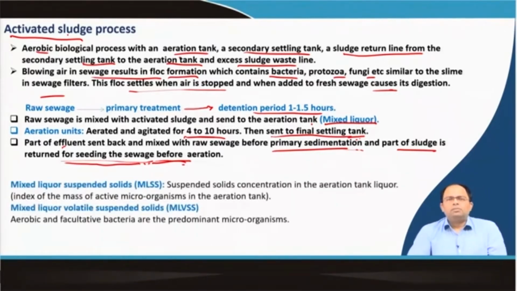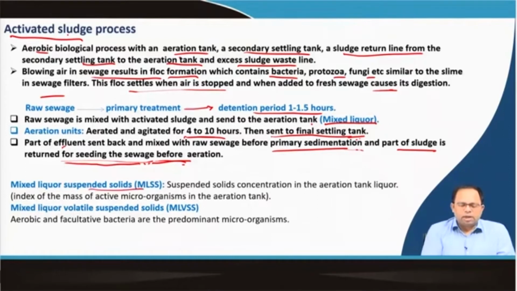So, two terms: one is mixed liquor suspended solids. As we say, this mixing of sludge with the raw sewage is known as mixed liquor, and the suspended solid concentration in the aeration tank liquor is what it refers to. This index of the mass of active microorganisms in the aeration tank is given by the mixed liquor suspended solids.